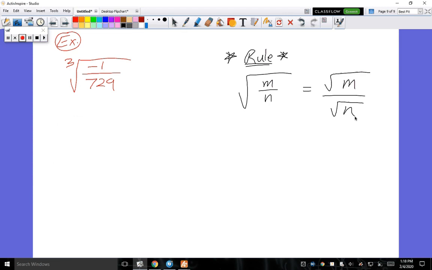Okay? The same rule applies if I multiply. The square root of m times n is the same as the square root of m times the square root of n. Those are rules. Let me ask you this.